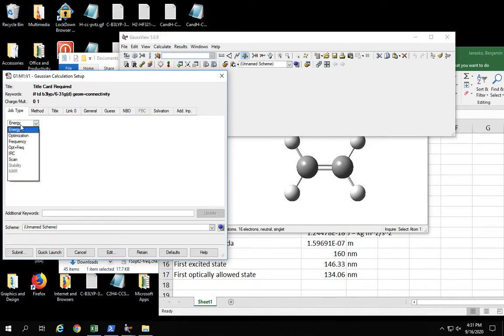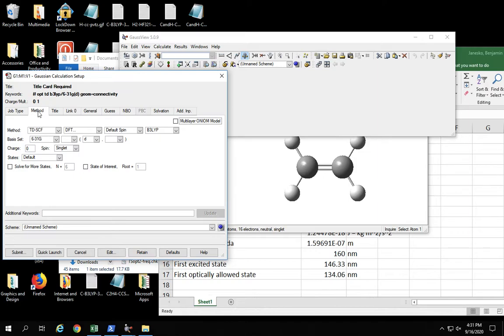Rather than doing job type energy, I'm going to do job type optimization. The state of interest is going to be root equals 1.